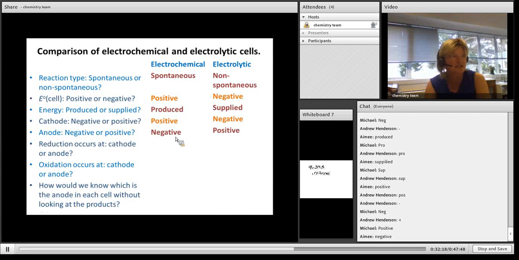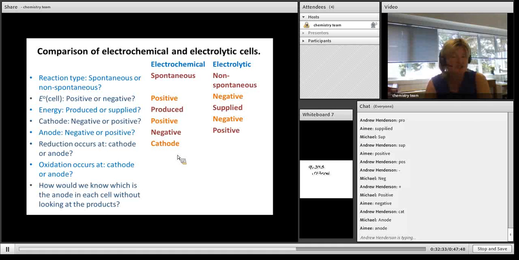Reduction, does it occur at the cathode or the anode? So let's have a go for the electrochemical. The cathode. And for the electrolytic? Now be careful, because I said for each case, it will always be cations to cathode.